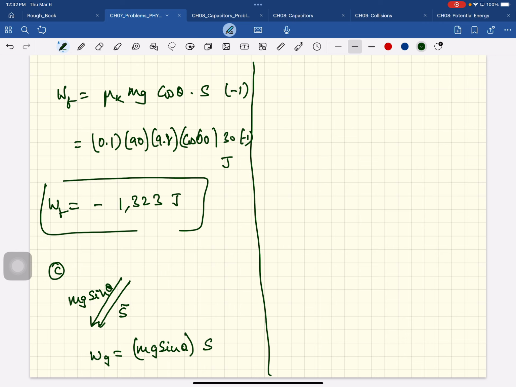And so the work done by gravity is 90 kg times g, 9.8 meters per second squared, sine 60, times 30 meters. And all those units work out to joules.